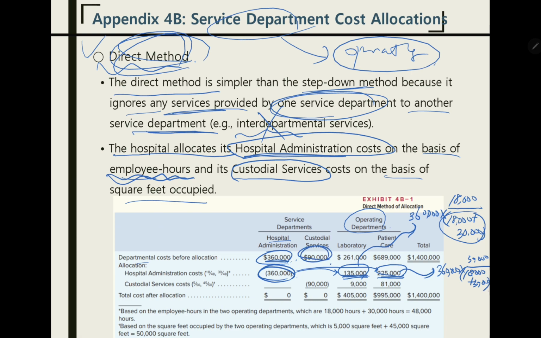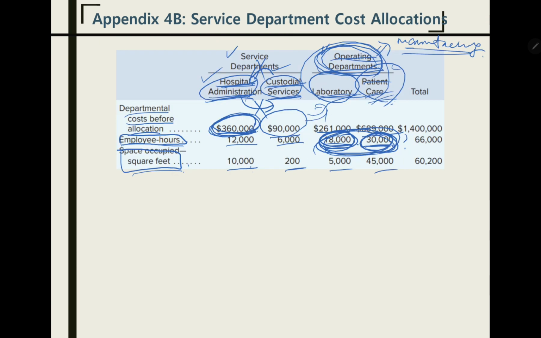Custodial services also allocated to laboratory and patient care. So this 9,000 is computed by $90,000 times square foot proportion.